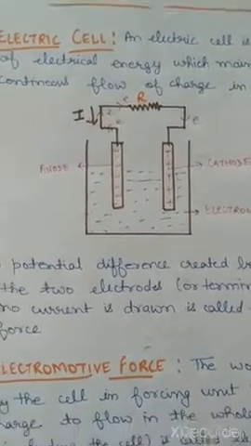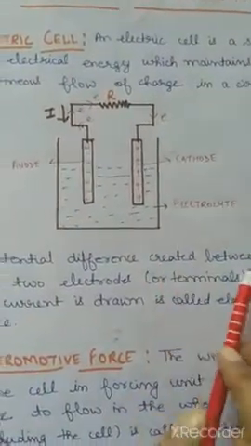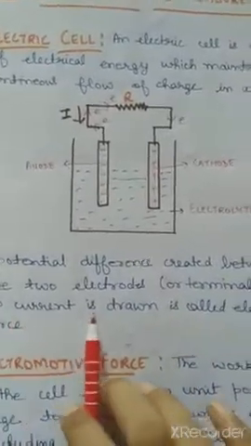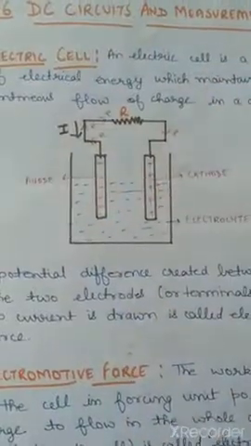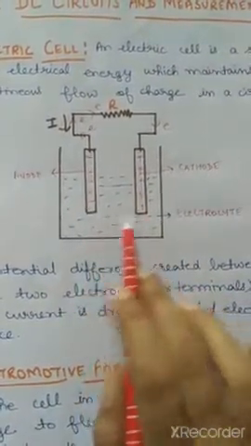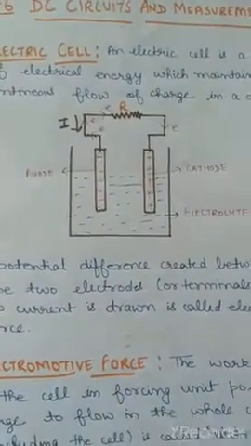Is it clear? So we can define electromotive force as the potential difference created between the two electrodes or terminals when no current is drawn, that is, when the cell is not connected with any external circuit.